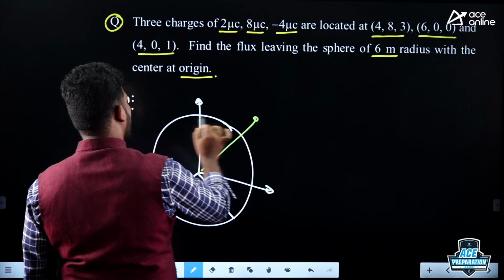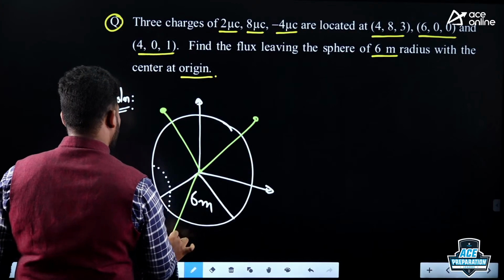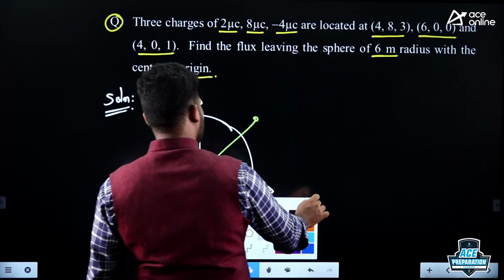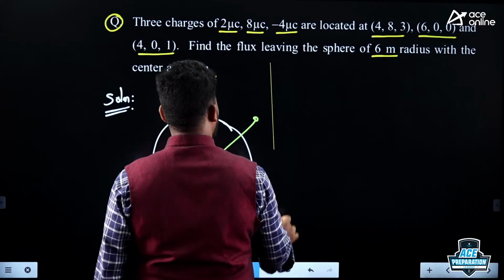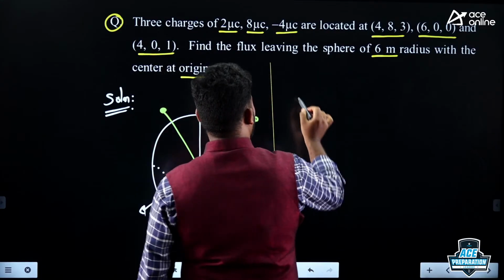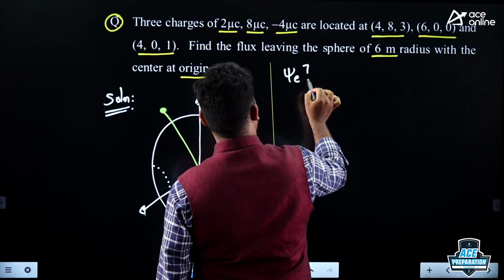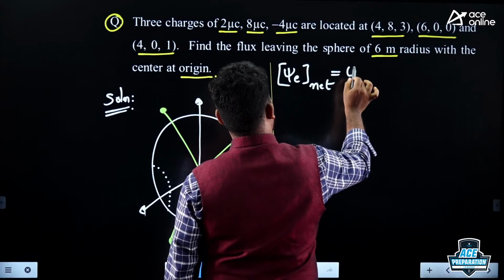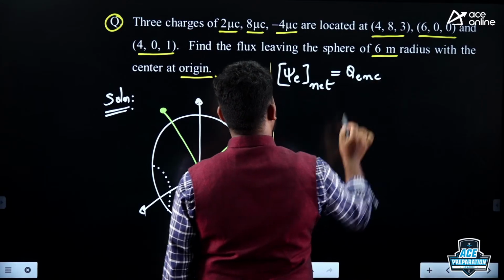Where they are located, I do not know. I need to find out their location. What the Gauss law is saying is that the net electric flux is equal to the charge enclosed.